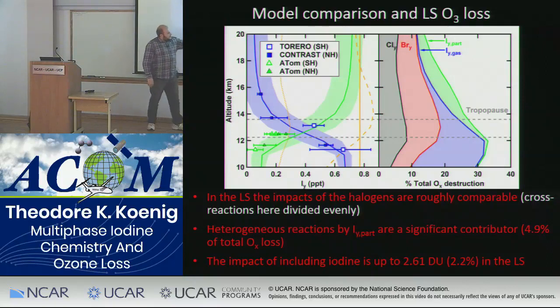The big thing down here is that iodine is very important in the UT. That 9% effect it has in the troposphere, we're still seeing that. That's basically a reflection of the fact that we haven't really changed anything from the literature there. As we go up, the contribution of the gas phase iodine fades, much as the gas phase iodine itself fades.